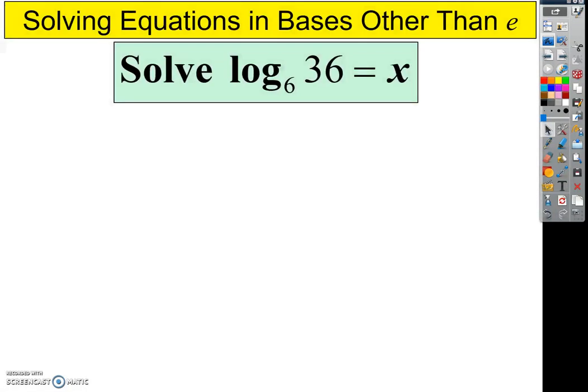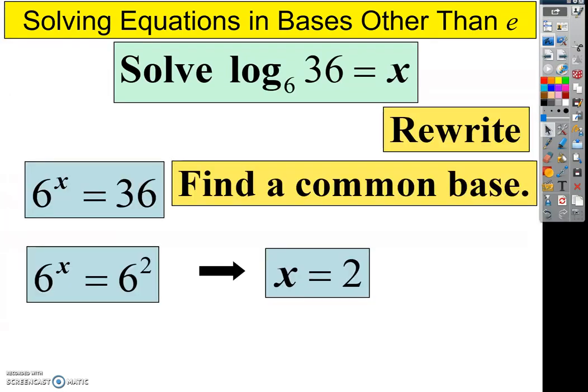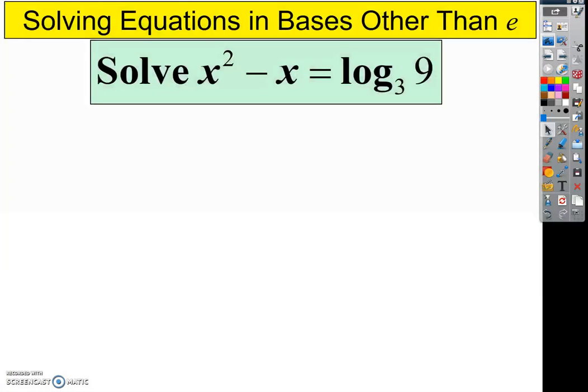How do we then solve equations? This is a pretty simple equation. This is asking what power do we raise 6 to to get 36? And the answer is 2. This one is a little bit more complicated because you've got two arguments, but log base 3 of 9 is 2.